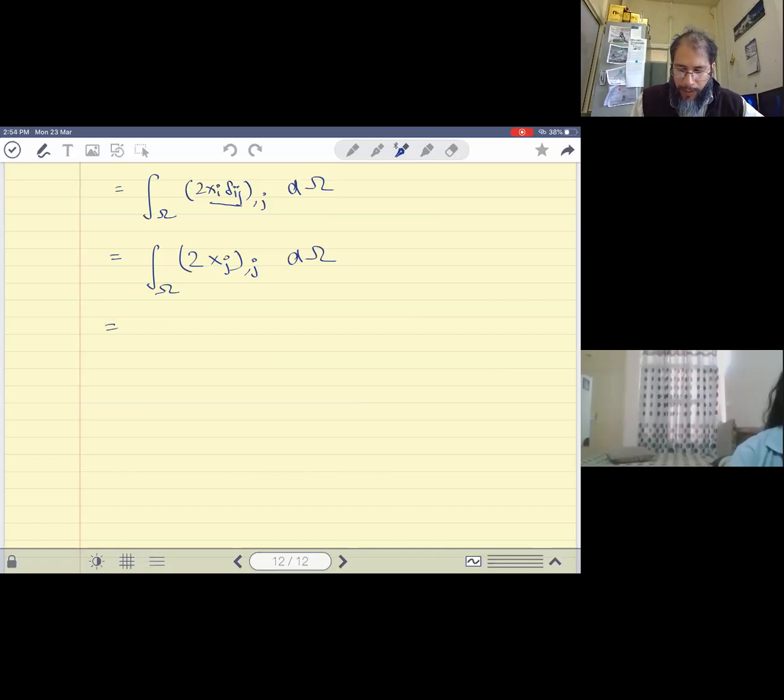So 2 is simply a constant, so we can take the 2 out of the integral and the brackets as well, and thus we get xj comma j d omega. Now again we know that xj comma j is nothing but delta jj.